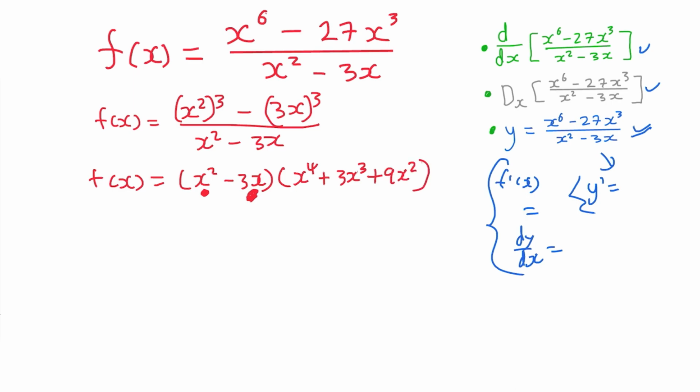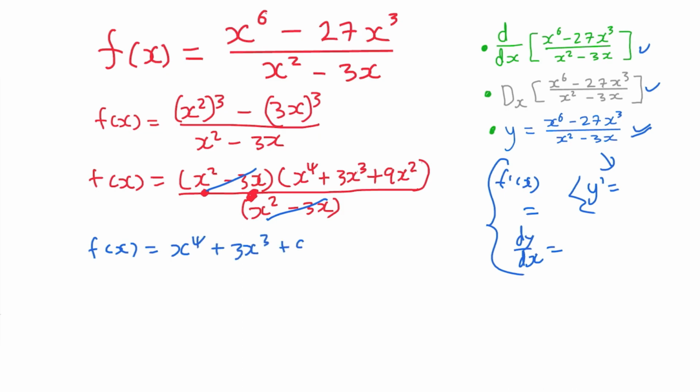Then I close, all over x squared minus 3x. I can bracket it. And then the next step is to say this cancels this, which means now I've simplified. Then f of x is equal to x to the exponent 4 plus 3x cubed plus 9x squared.